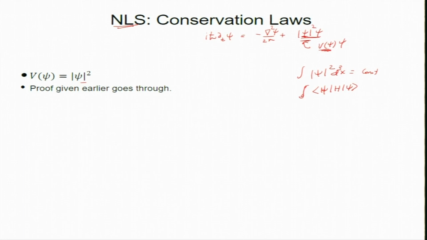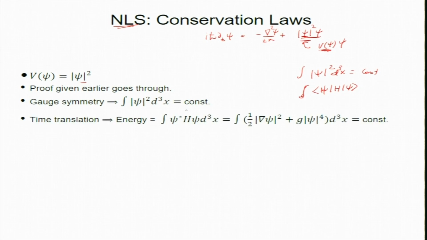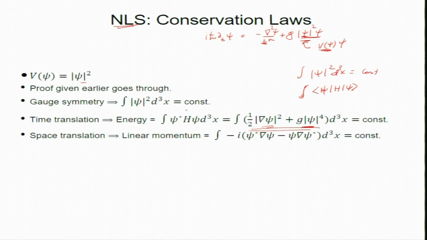You can derive the energy, which is this quantity mod psi square coming from here plus g psi to the 4, where g is 1 right now. The Hamiltonian you have to derive for this quantity, and this is the Hamiltonian for the nonlinear Schrodinger equation, and this will be conserved under evolution. And linear momentum is somewhat straightforward, but this is also conserved.